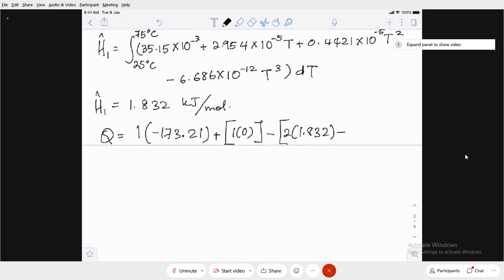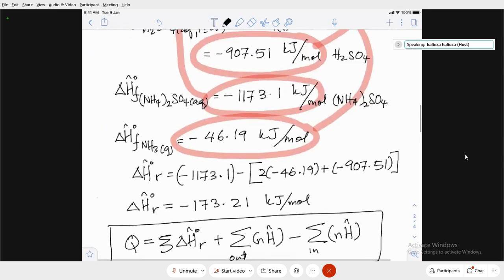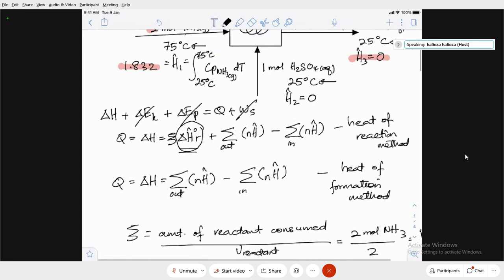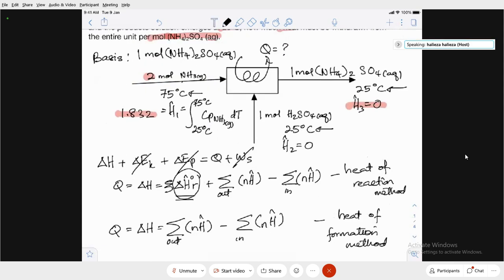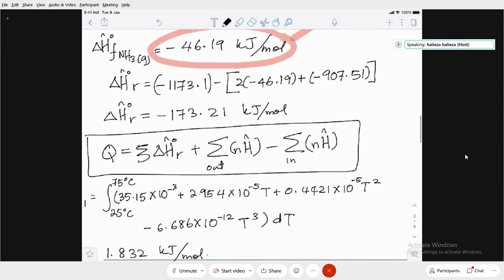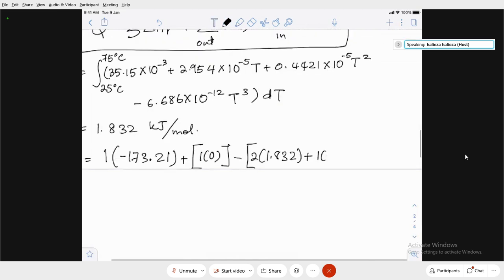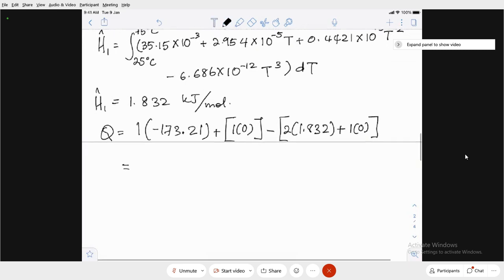Okay, plus my other reactant, my other input, which is 1 mole of sulfuric acid, but the enthalpy is 0. 1 times 0. If you do the calculation, your amount of heat, you should get minus 176.874 kilojoules.